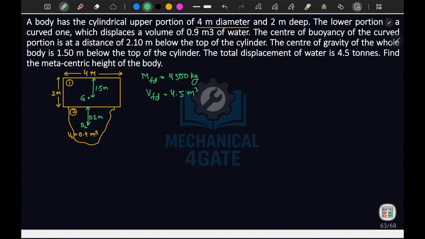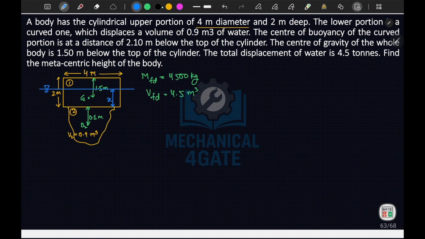Okay, now if I want to measure how much amount is immersed in the water, let's say up to this point, this is your water level. Let's say that this distance is x.